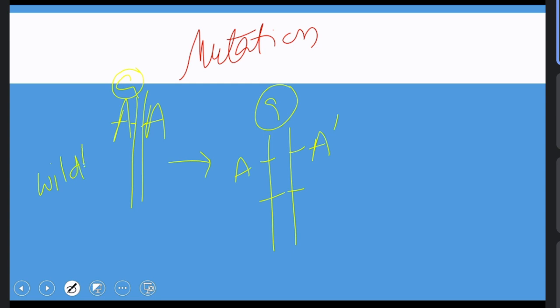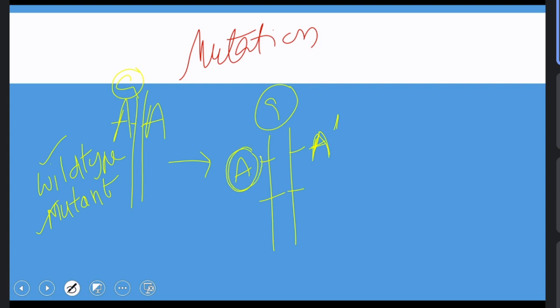One is called the wild type gene, the other is called, can anybody say? The other is called the mutant gene. So here, out of these two, capital A is the wild type gene, and A prime or A dash is called the mutant gene.